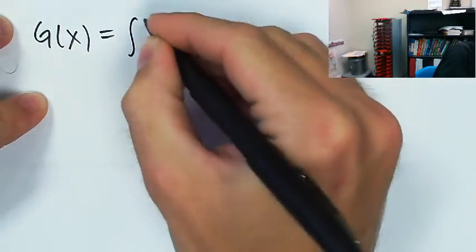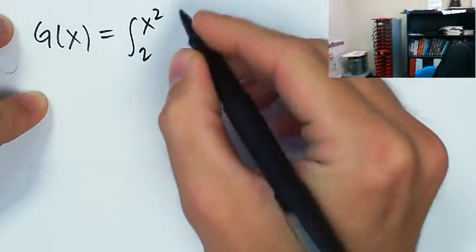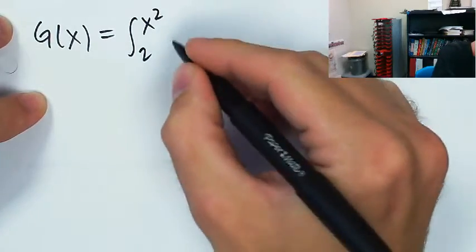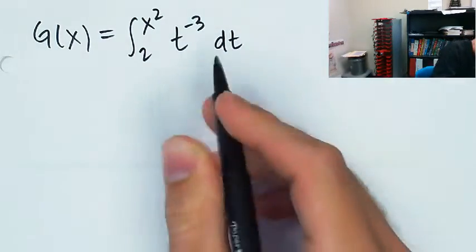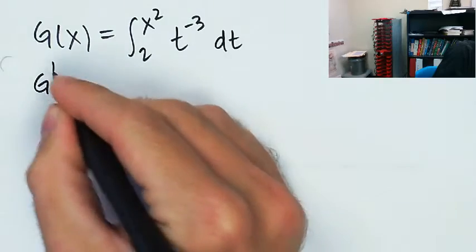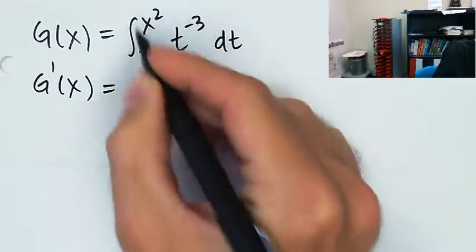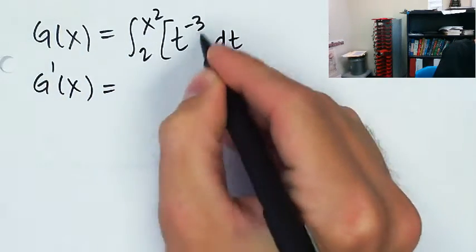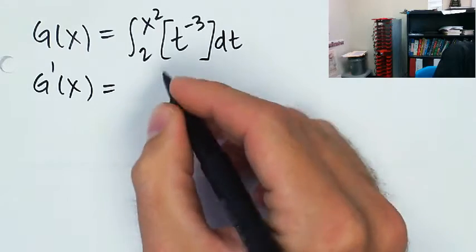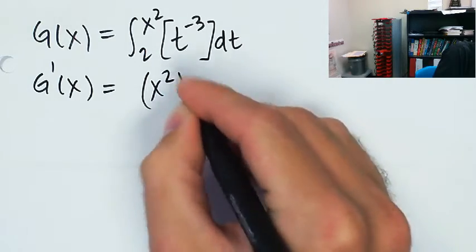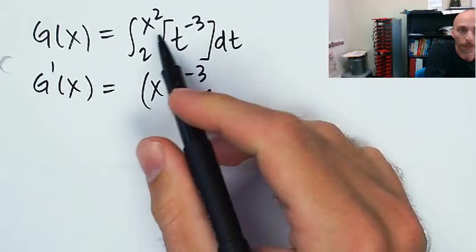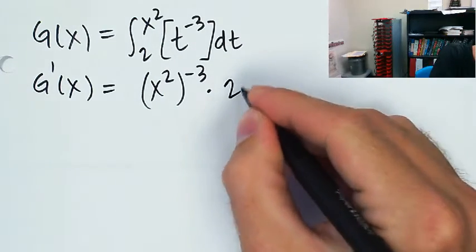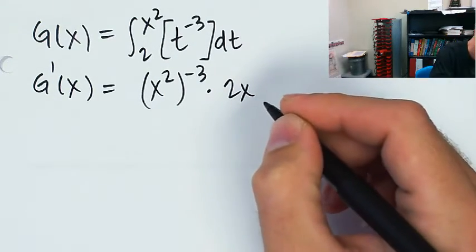Okay, g of x equals the integral from 2 to x squared of 1 over t to the third. I'm going to just call that t to the negative 3, if you don't mind, which I doubt you will. Okay, so g prime of x is equal to, I'm going to take that x squared and throw it in wherever I see t in the integrand. So that's going to be x squared to the negative third times the derivative of x squared with respect to x, and that's 2x.